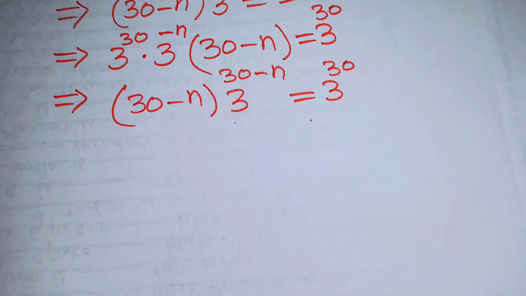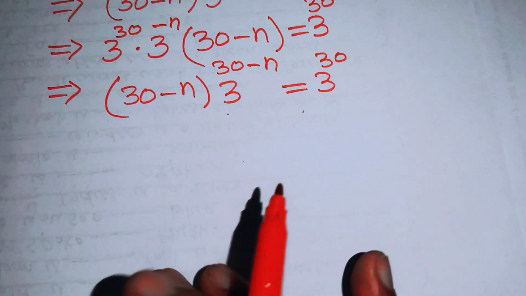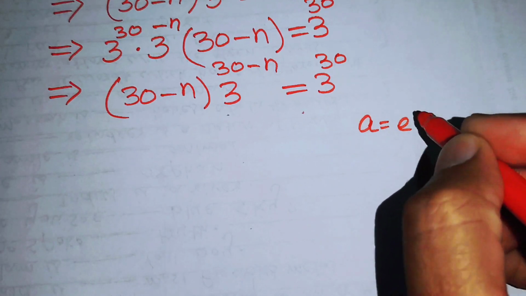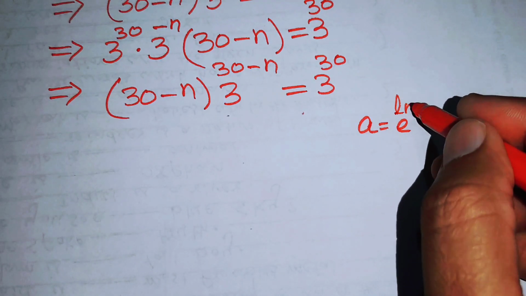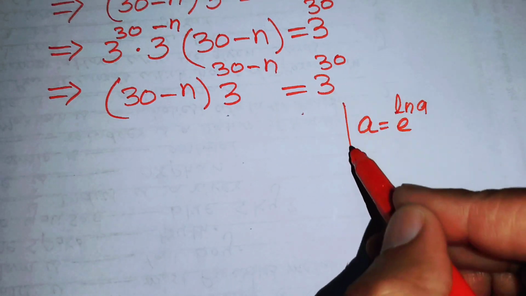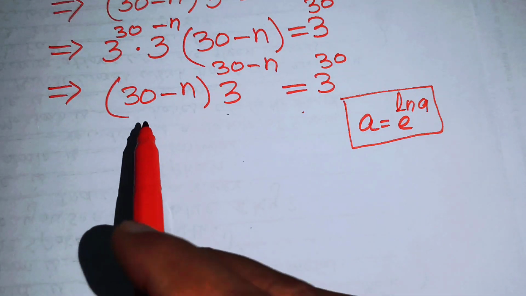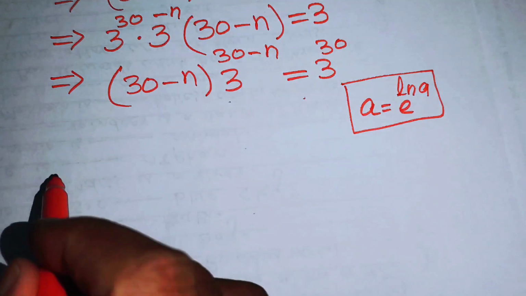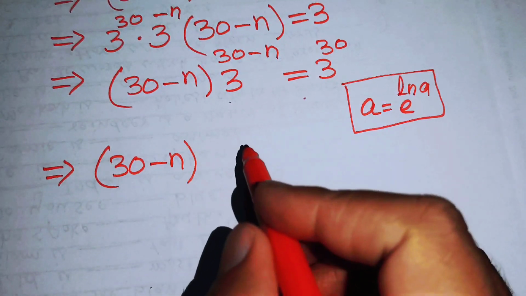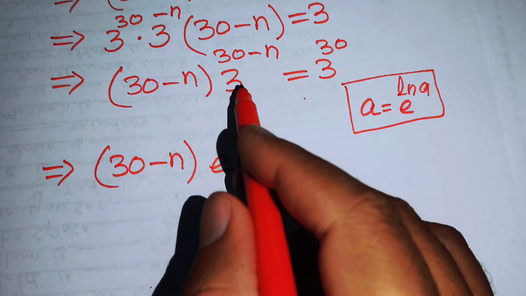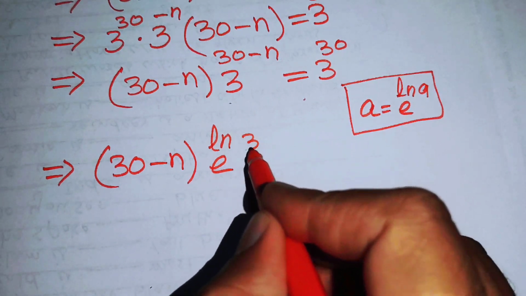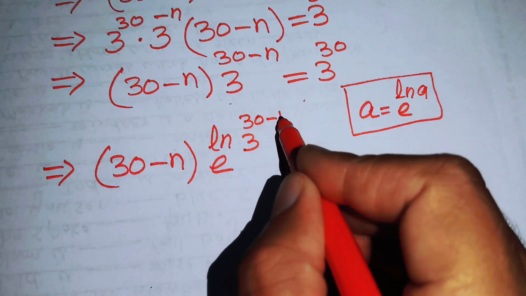And after this step I can use the nice property of logarithm, and you know that if we have a, we can write it as e to the power of log a, it means that this e and log cancel each other, and you will get this a only. So now we can write this 3 to the power of 30 minus n as e to the power of log of 3 to the power of 30 minus n.